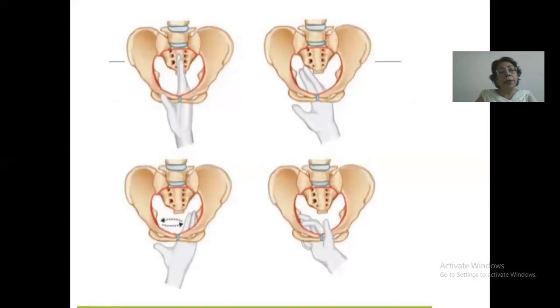Now, this is how you go about seeing the sacrum. You can see the curves. Second diagram, placing the two fingers on the sacrospinous ligament, palpating the sacrosciatic notch. Then the next diagram down below is, you can see the ischial spine. So you palpate one side, then on the other side, make out whether they are prominent or whether they are jutting inside, and then open your fingers wide and try to tip both of them simultaneously.